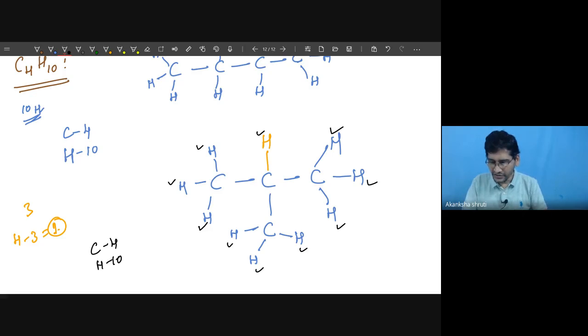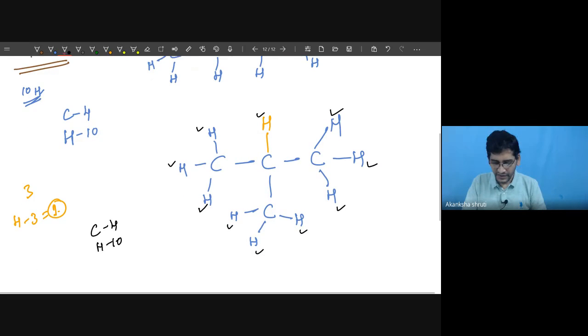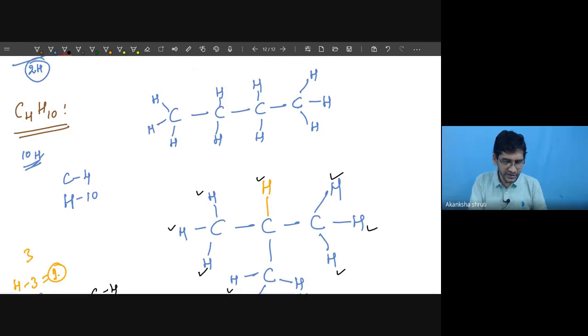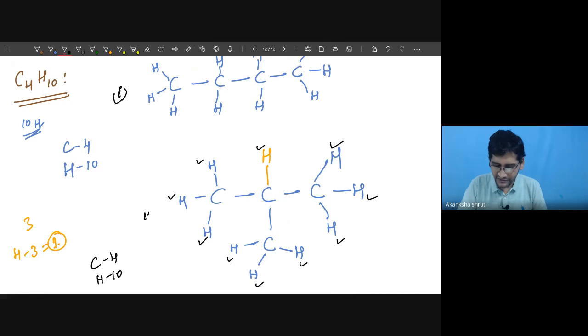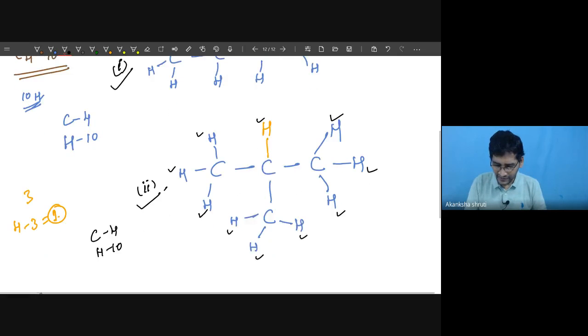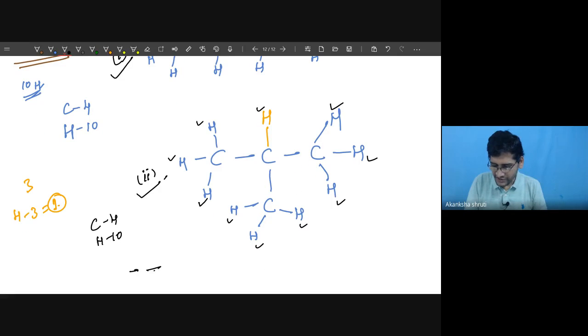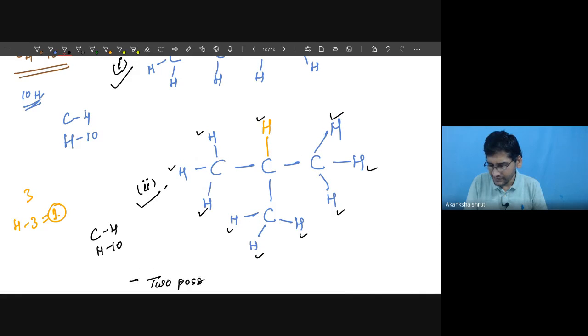Okay, so this way this C4H10 can have these 2 structures. The first is this one and second is this one. And students, both the structures are possible. Getting? So 2 possible structures.